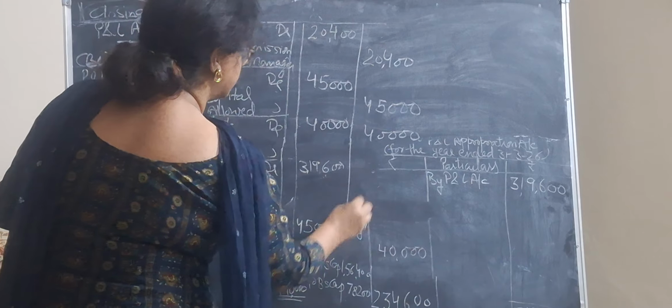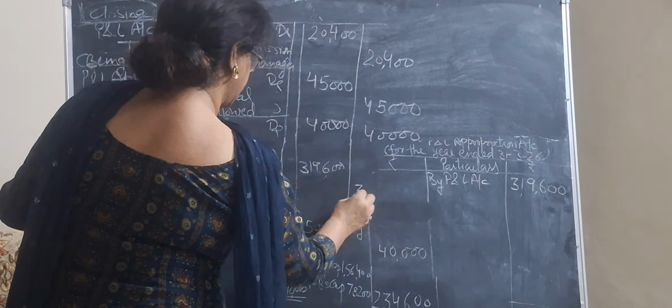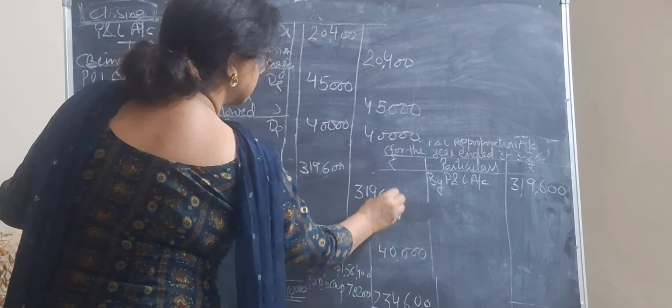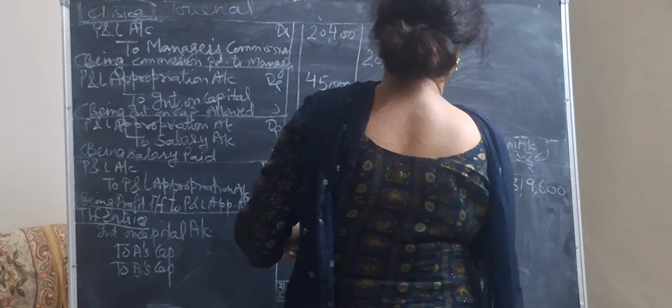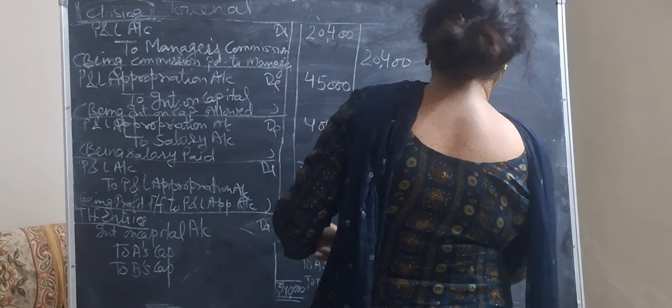And this is the profit here will transfer 3 lakh and 19,600. I'm erasing this part as well, children. Okay, because we have to do nothing with this.